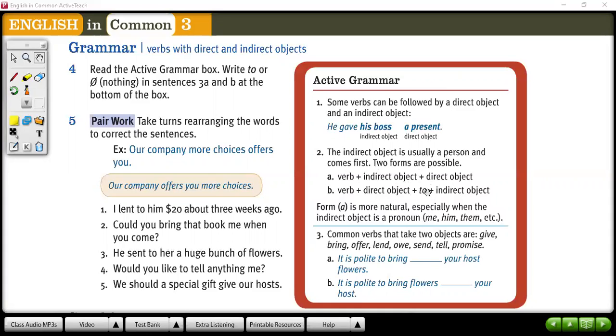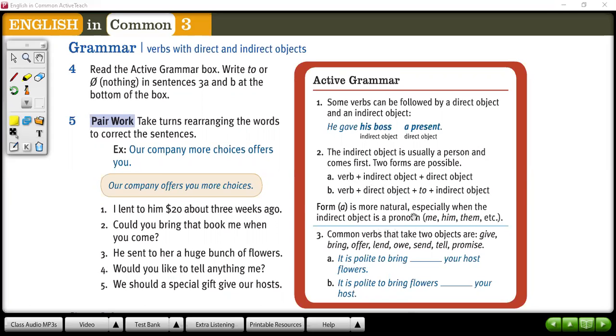This to introduces a prepositional phrase, and this prepositional phrase has the indirect object. Form A is more natural, especially when the indirect object is a pronoun.